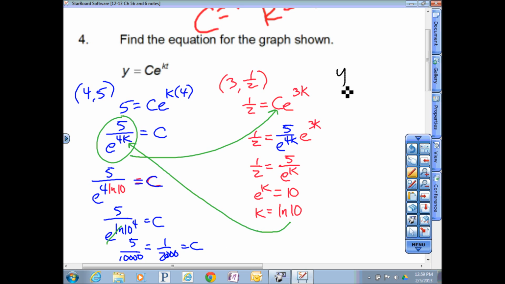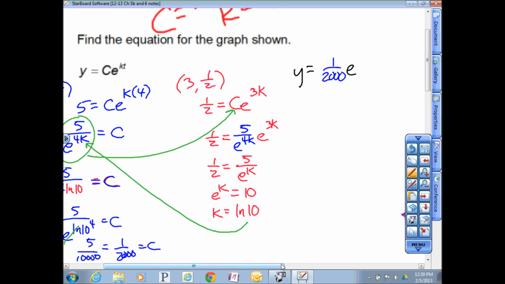So now when I go to write this equation, what do I have? I have y is equal to my 1 over 2,000 e to the k, which is natural log of 10 power, times that t. Well, that t is being multiplied by natural log of 10, so we could have written the 10 in the front, which means we ultimately could have thought about it that way.